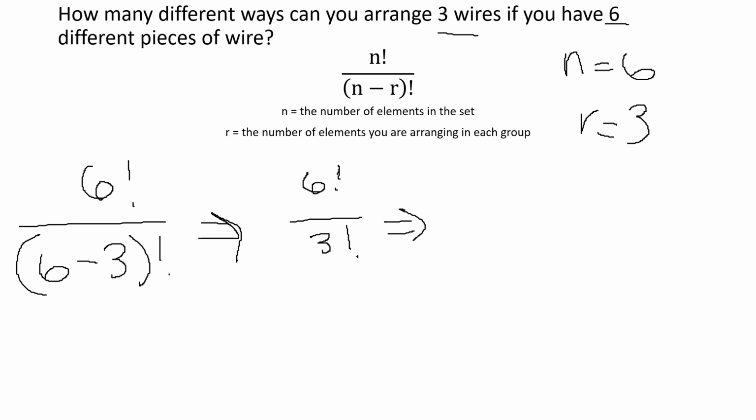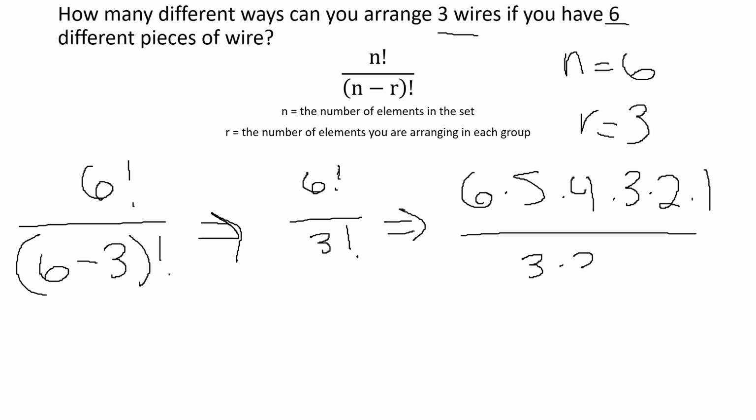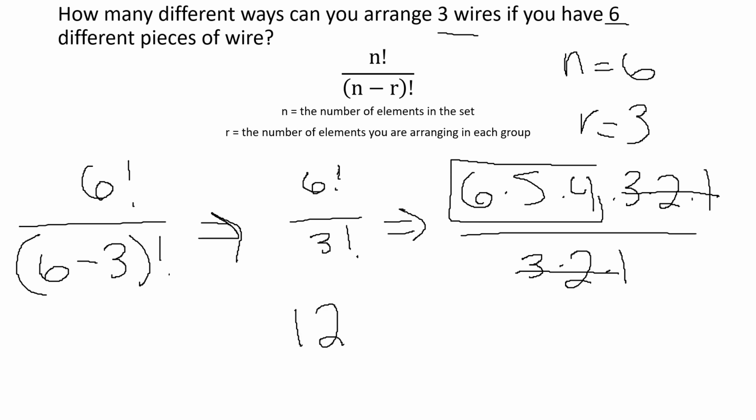And let's list this out. 6 factorial is 6, 5, 4, 3, 2, 1. 3 factorial is 3, 2, 1. Now this 3, 2, 1 and this 3, 2, 1 cancel out. So all I have to do is multiply 6 times 5 times 4, which is 120.